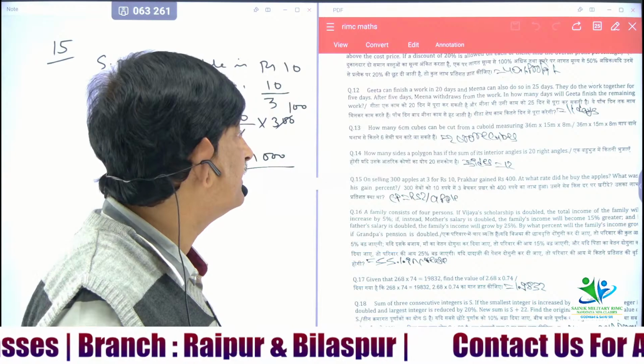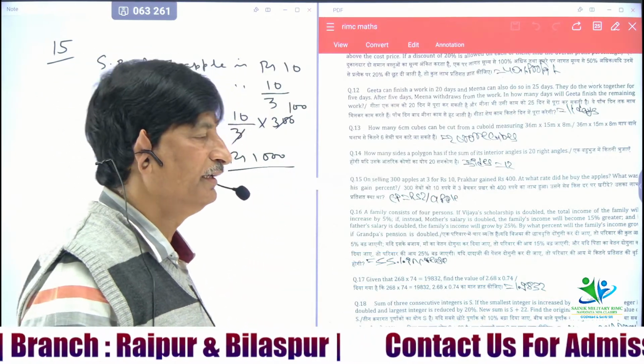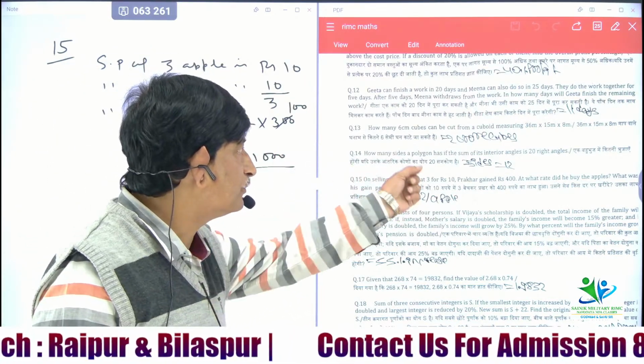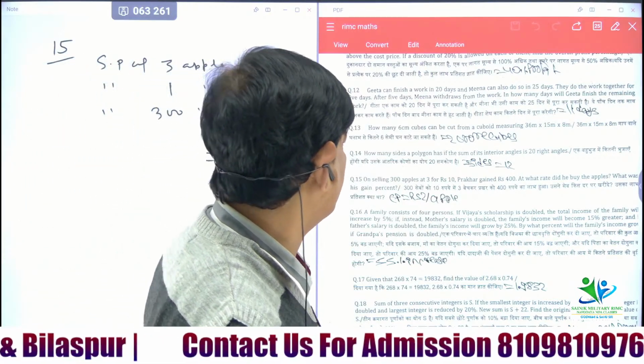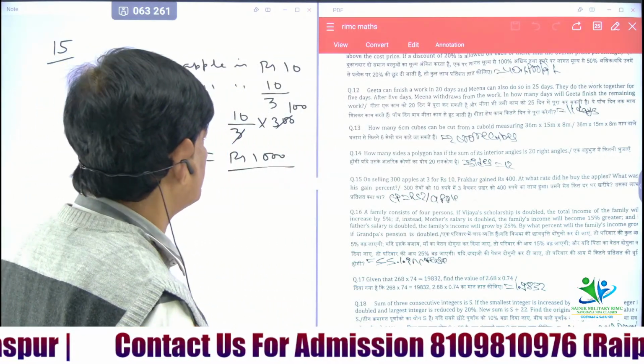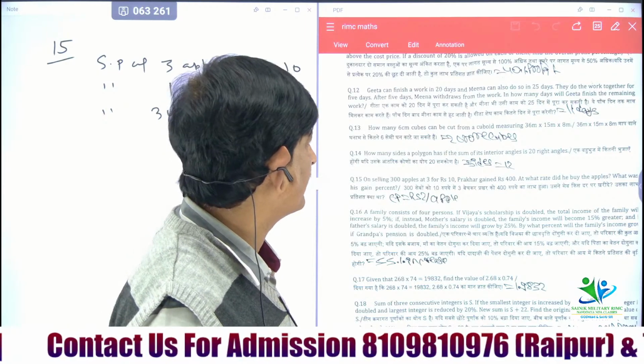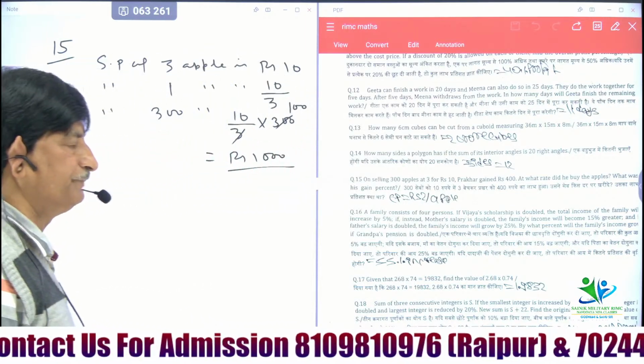प्रॉफिट/गेन rupees 400. इतने में सेल किया तो उसको 400 का गेन हुआ. At what rate did he buy the apple? Now that means you have to find the CP, and then what was his gain percent.